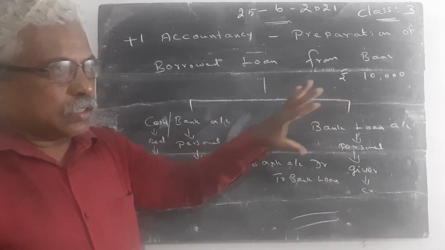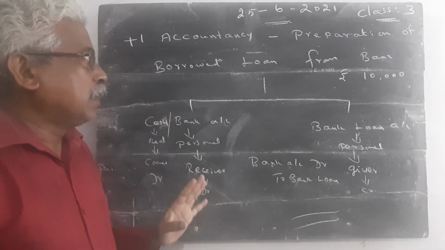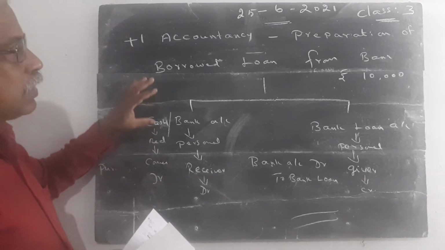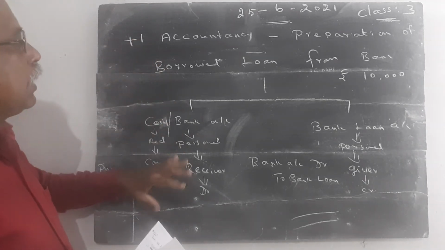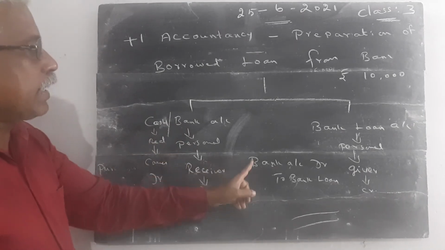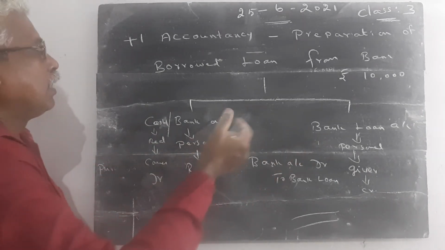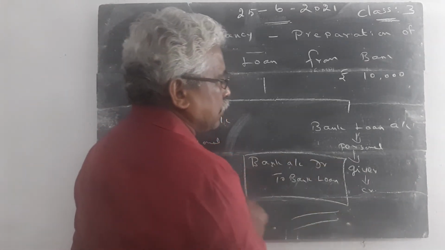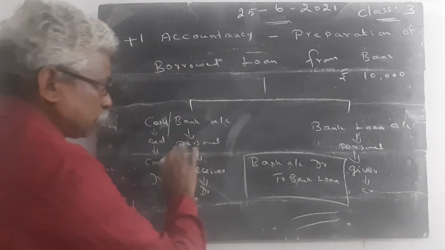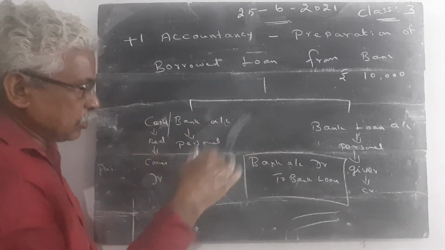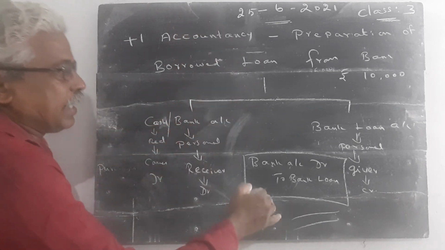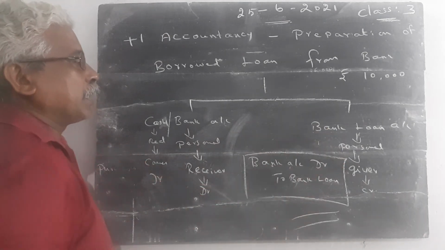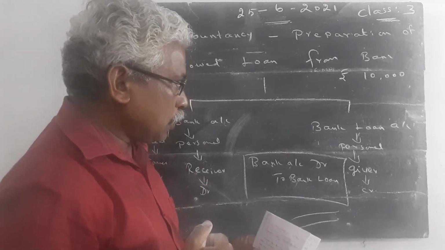From the next question onwards, we directly write the journal entries. These explanations and steps, keep them in your mind and write the journal entry alone in the next problem. No need to explain this classification.